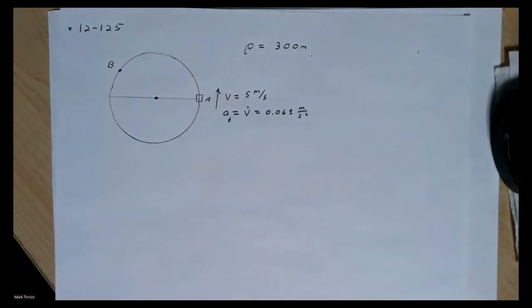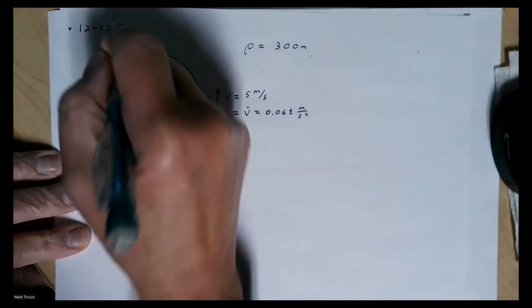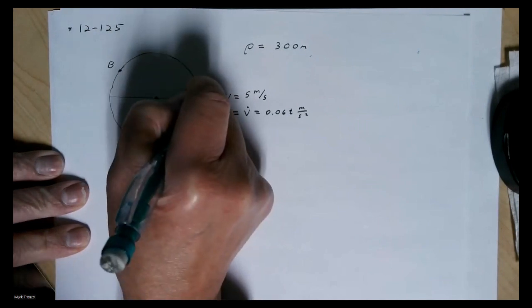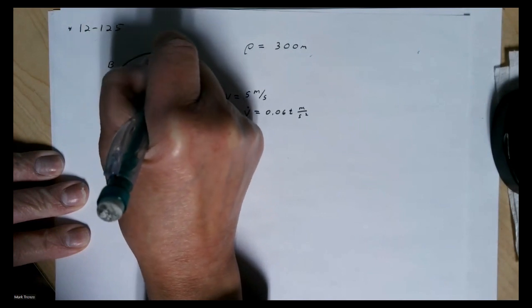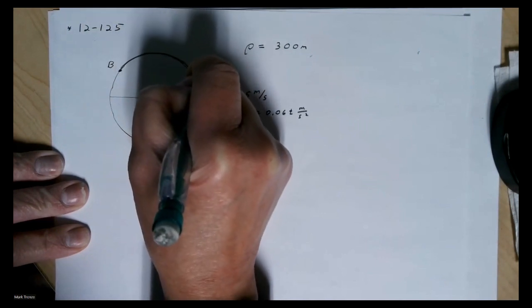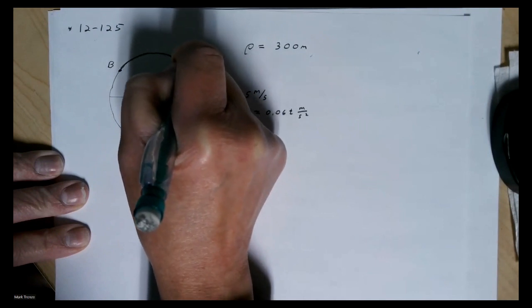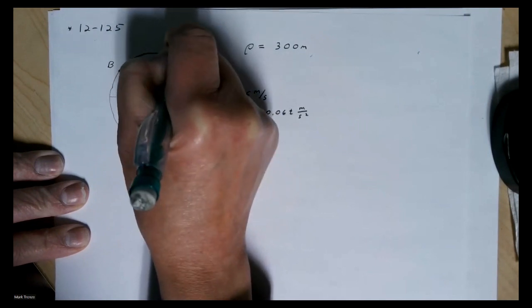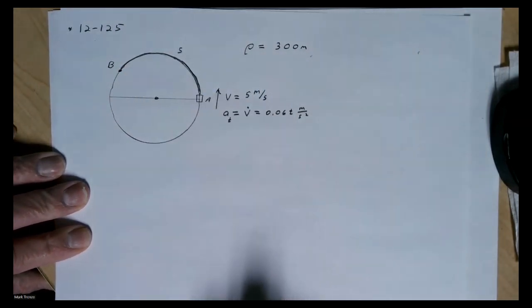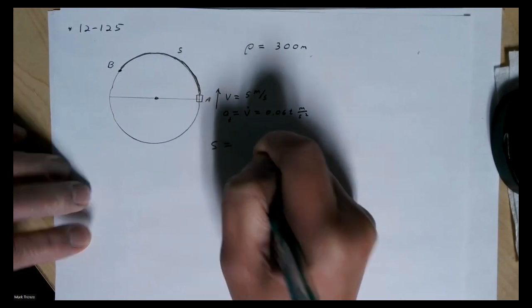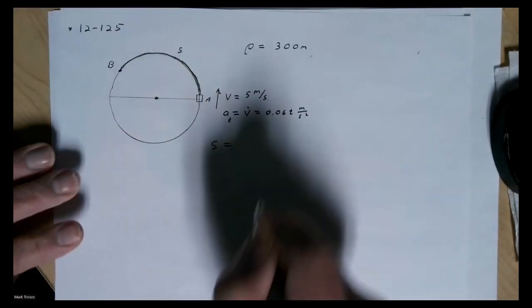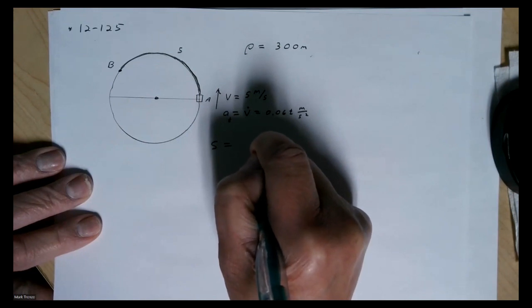So first we might want to find out, what is the distance S to go from point A to point B? What's this total distance right here? Again, we'll call this S. That distance S is going to be equal to the circumference, and the circumference, remember, is 2 pi r.